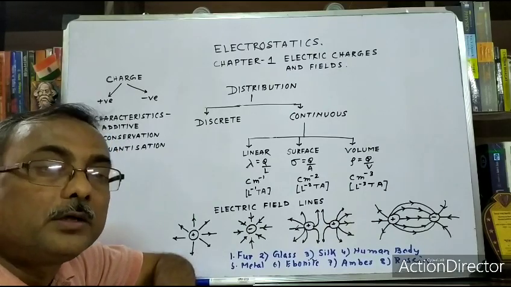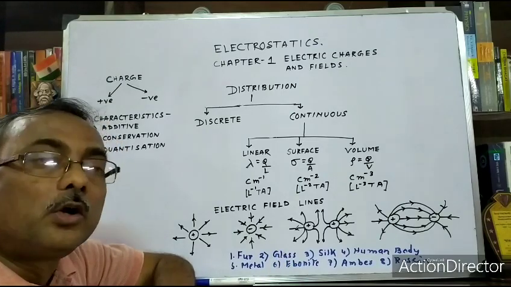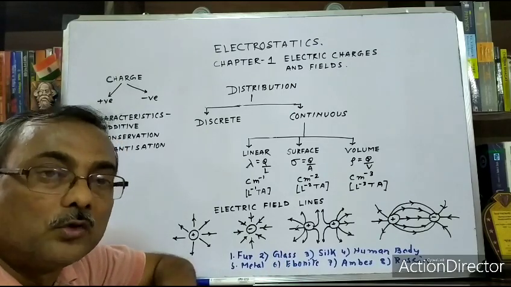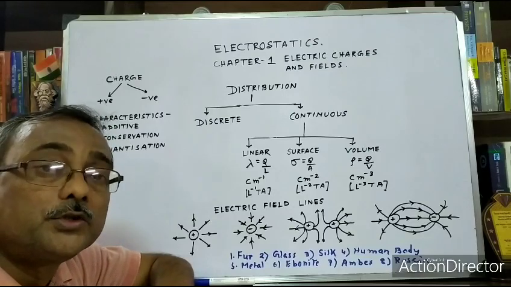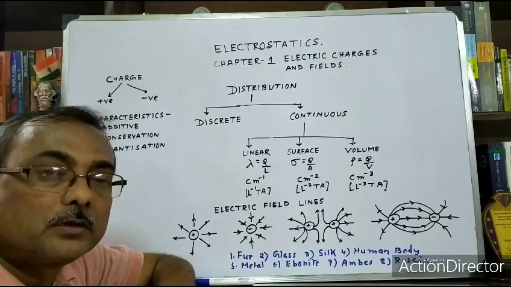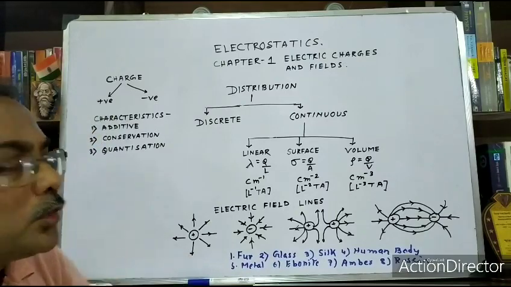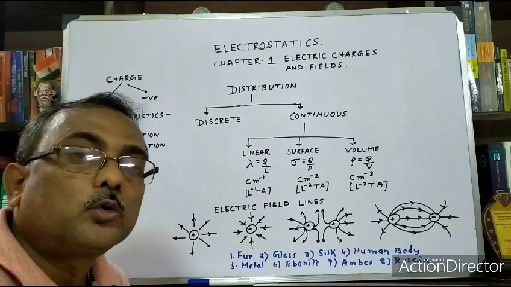When a glass rod is rubbed with a silk cloth, the glass rod will lose electrons and become positively charged, and the silk cloth will gain those electrons and become negatively charged. So this is the importance of the electrostatic series.